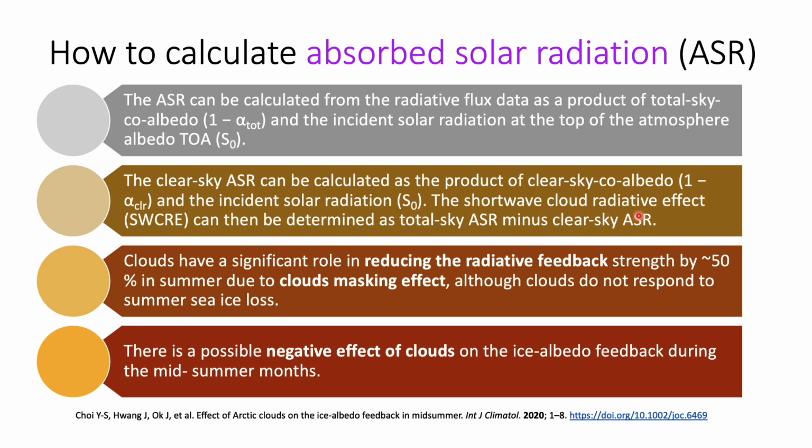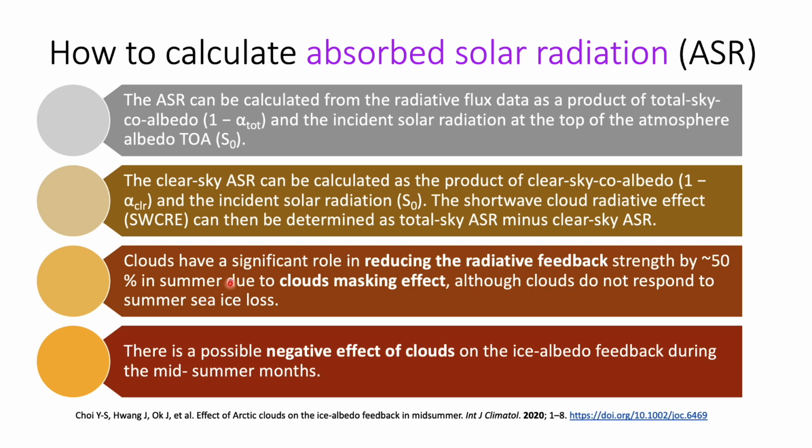Then the shortwave cloud radiative effect can be determined as the total ASR minus the clear sky ASR, because we have to see what the total is, and if there is a cloud, how much is getting reduced or removed due to the cloud. So these are all the things we will have to include while we calculate the total observed solar radiation.